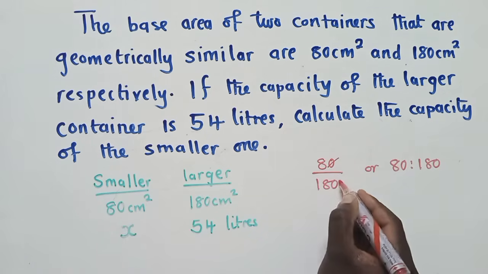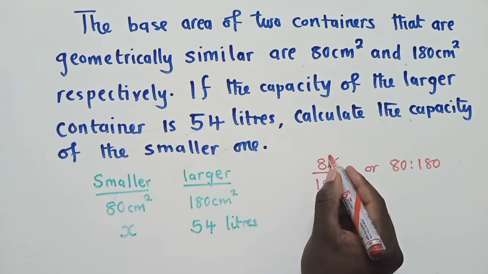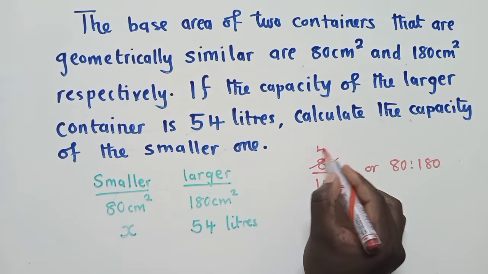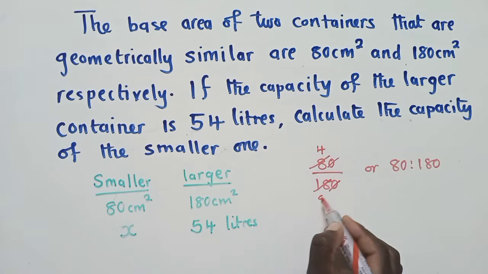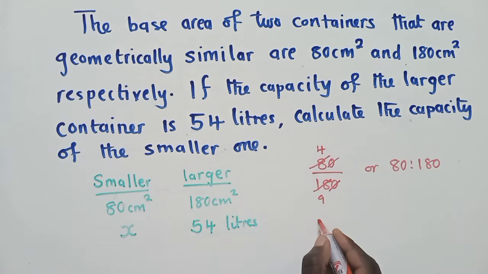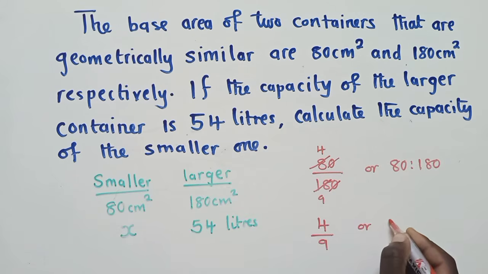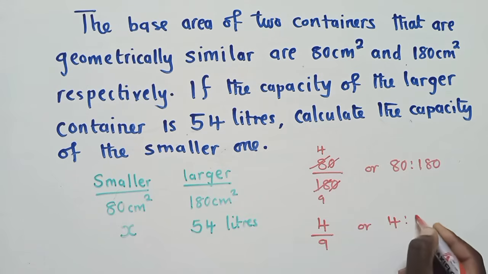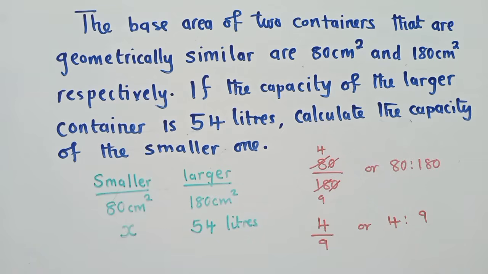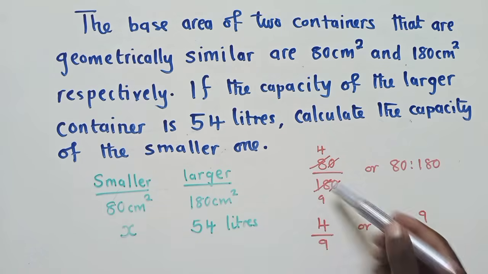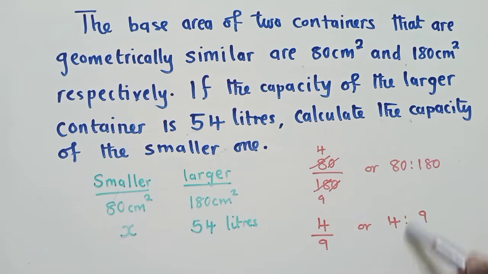You can reduce: the 0 and 0 cancel, 2 into 8 is 4, and 2 into 18 is 9. So our ratio has been reduced to 4 to 9. If you want, you can move with these steps.